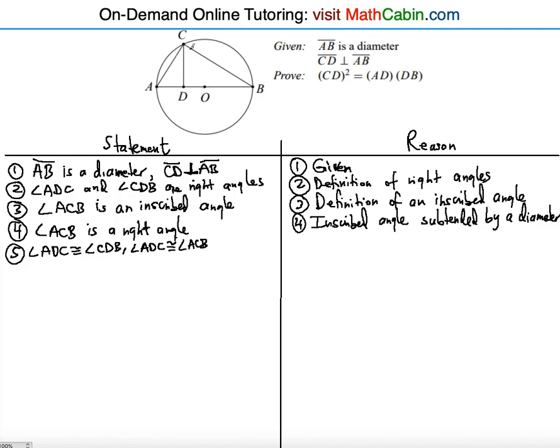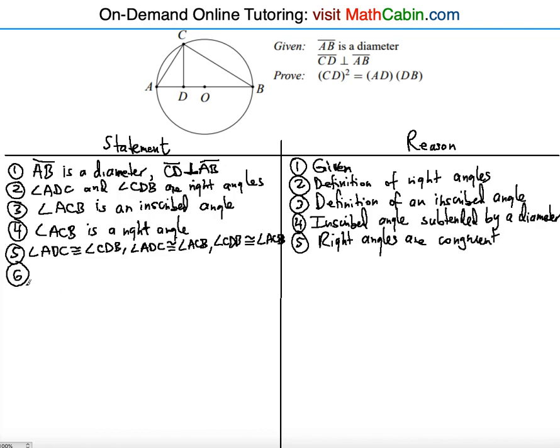ADC and ACB, because that inscribed angle was 90 degrees as well, as we just noted before. And then finally CDB being congruent to ACB, right? Because CDB is also a right angle, it's congruent to the inscribed angle as well. So we can explain it as right angles are congruent.